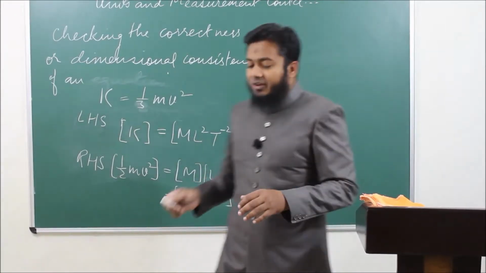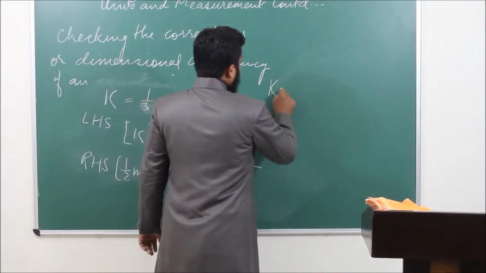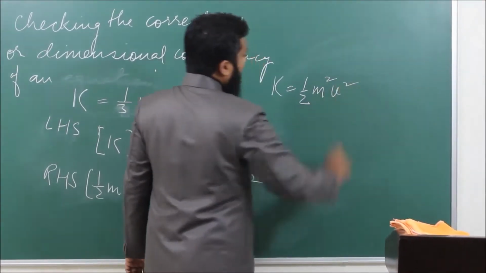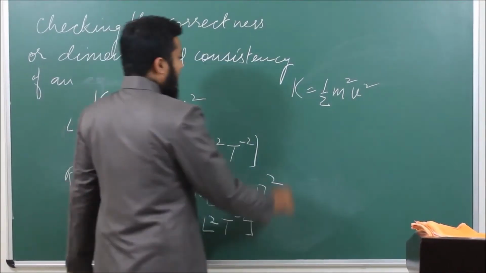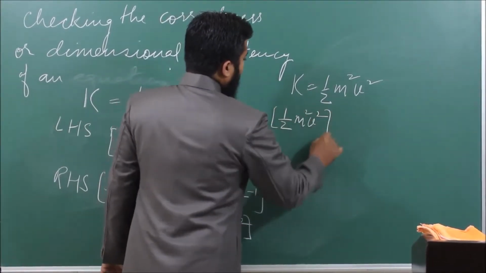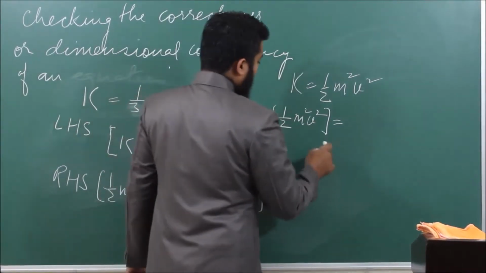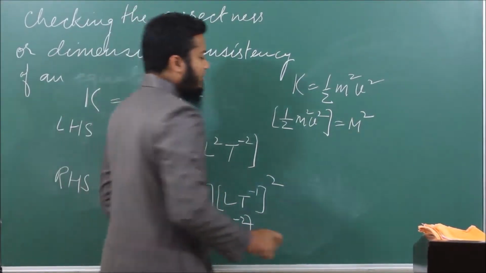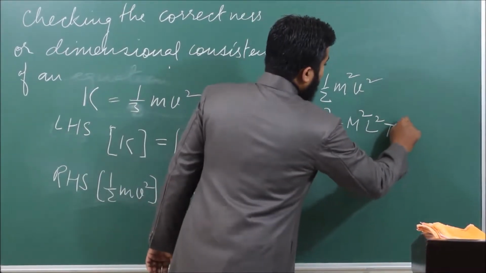But if I say that the same kinetic energy formula is written as half m square and v square, then the right hand dimensions will be half m square v square. Half will have no role, m squared and speed squared. So speed squared will be L square and t minus 2.